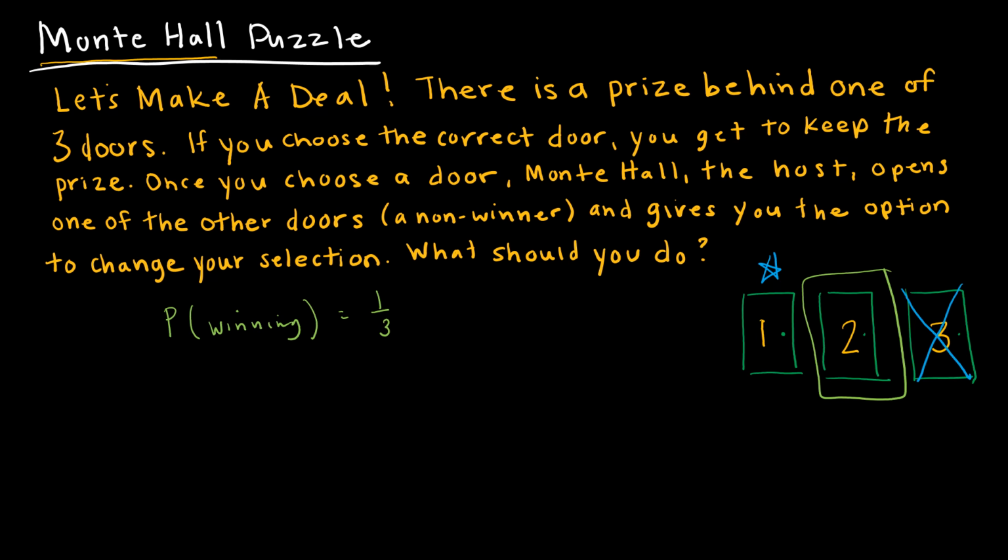But now, if I switch, then my probability of winning is actually going to be 2/3. Because if I win, that means my initial pick was wrong. And if my initial pick was wrong, that's 1 minus 1/3, or 2/3. So basically, it's always a better deal to change, again, based on probability theory.